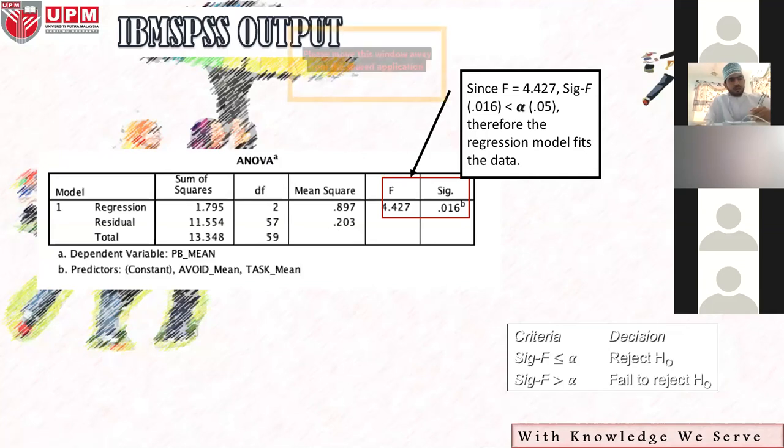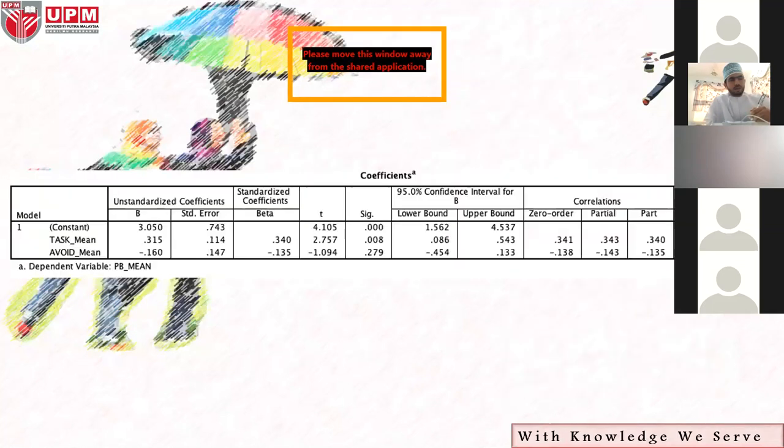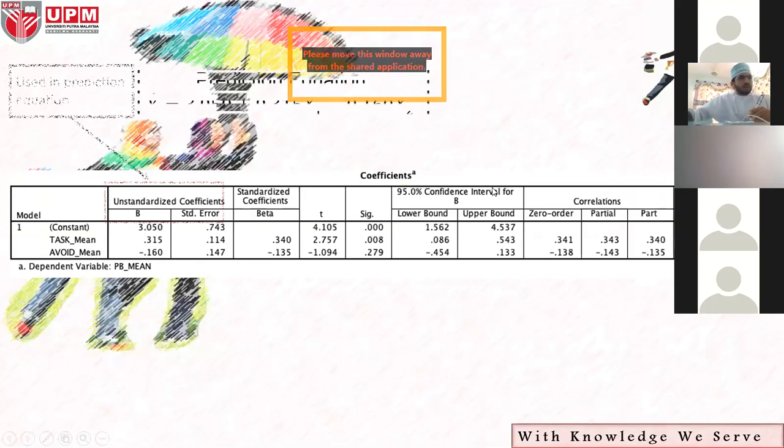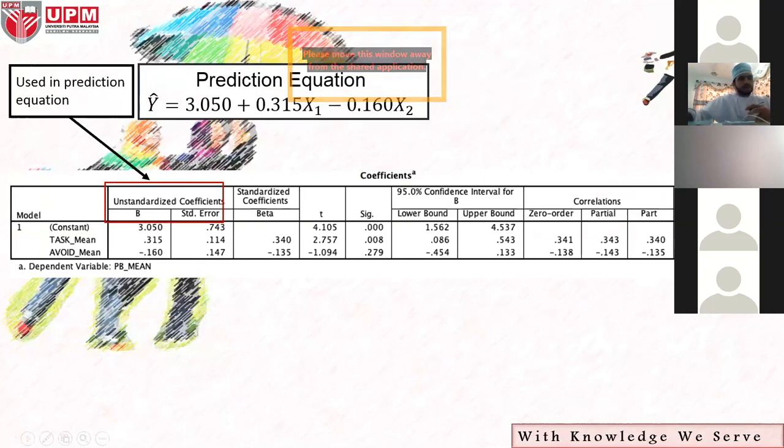If we want to know which IV between AOC and TOC significantly influences the DV, we need to check the next table, the coefficient table. Refer to the significant value.